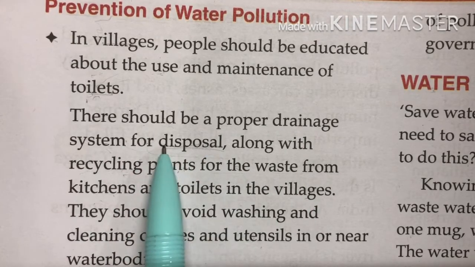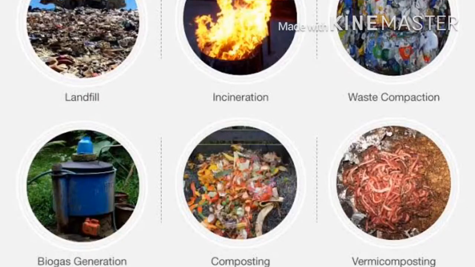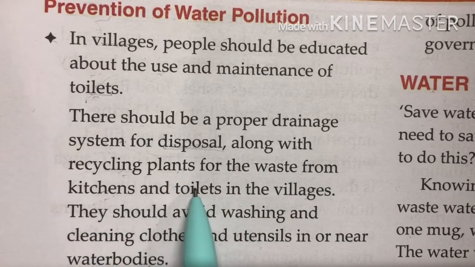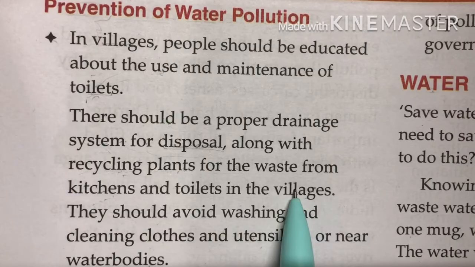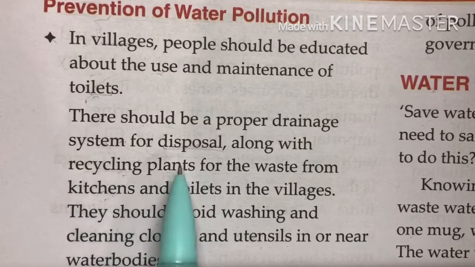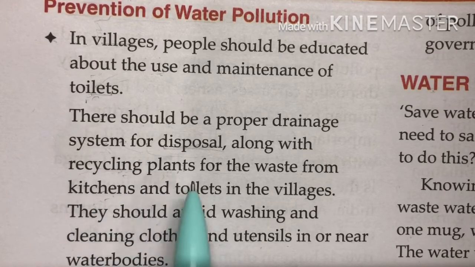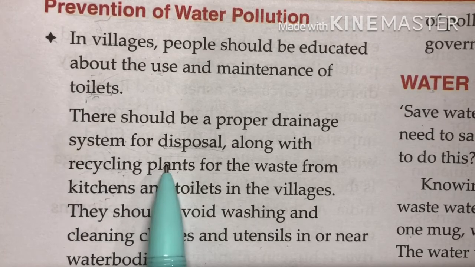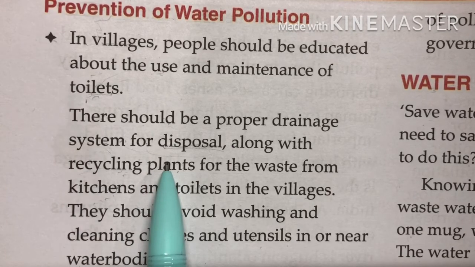The disposal that the villagers throw, for that disposal there should be a proper drainage system, along with recycling plants for the waste from the kitchens and toilets in the villages. Means there should be recycling plants also, so that the waste water after using in the kitchens and toilets should be recycled again and we have to use that water again.